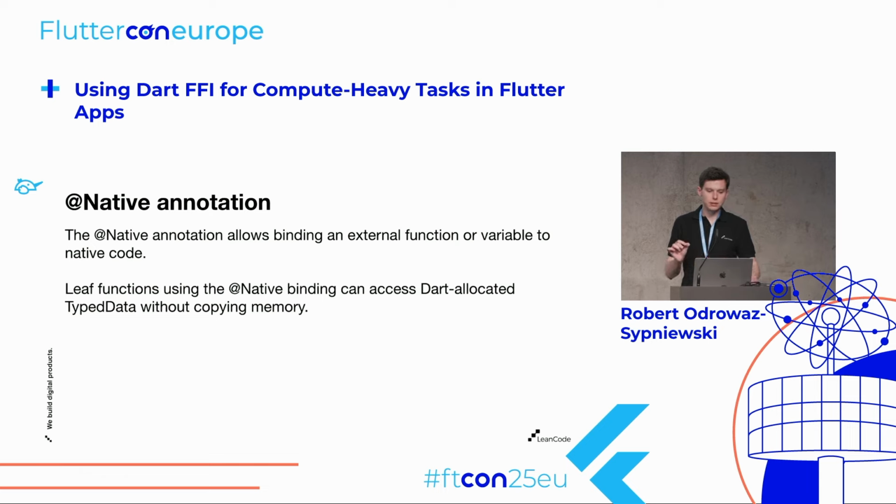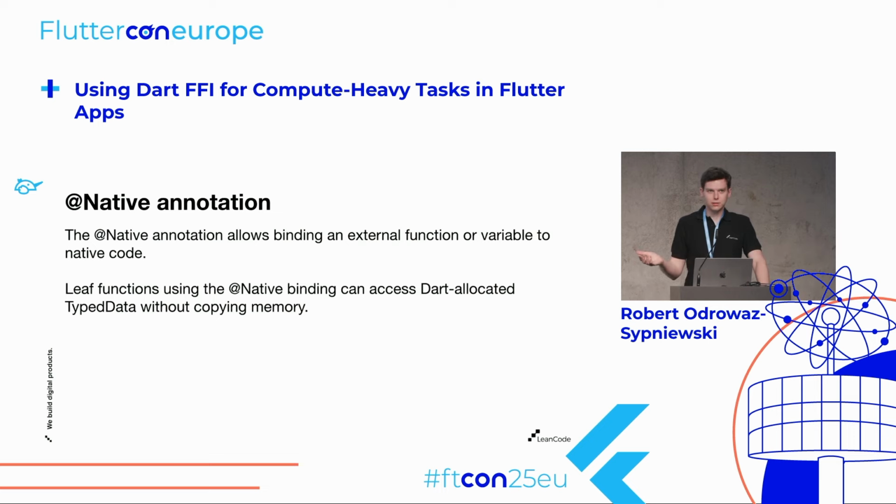But also, Dart allows us to access TypedData address. So we can allocate TypedData on a Dart heap and get the address of that TypedData buffer in memory and pass it to FFI, which allows us to pass a large amount of data from Dart to native code without any memory copy.